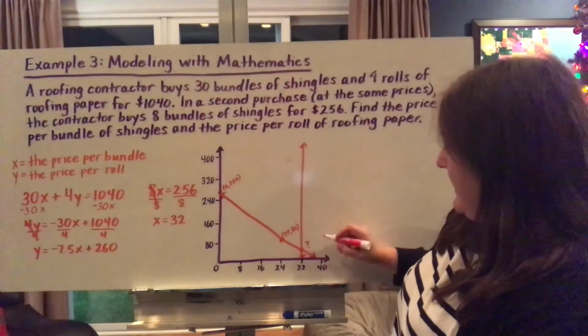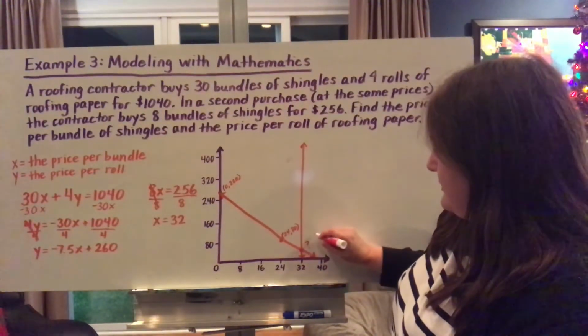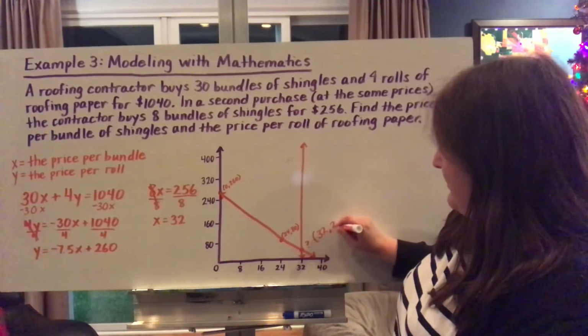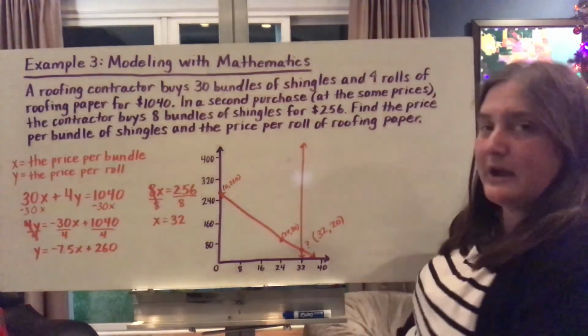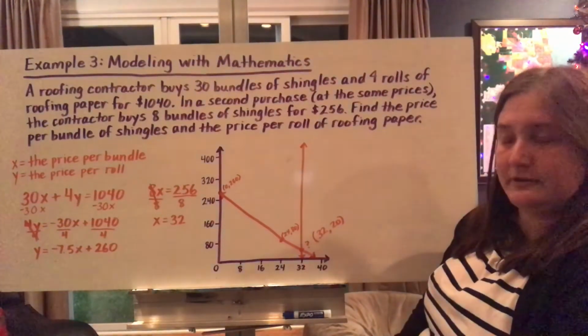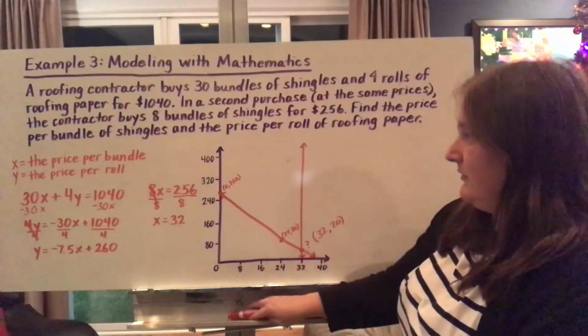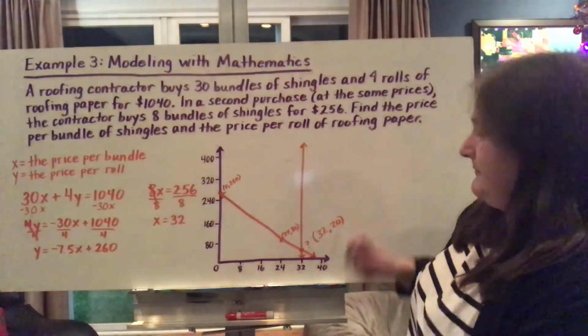So it looks to be, well, we know it's at 32. Looks to be at about 32, maybe 20. So since we're estimating, we want to then check this point by substituting it back into our equations. So let's start with our first equation.